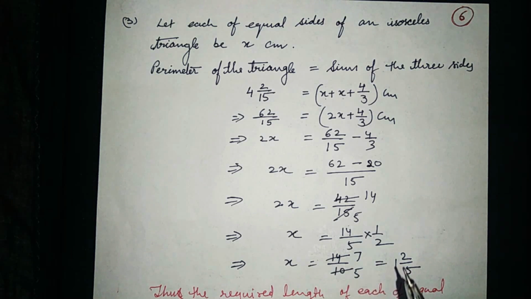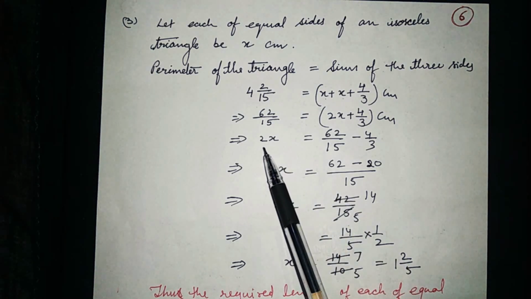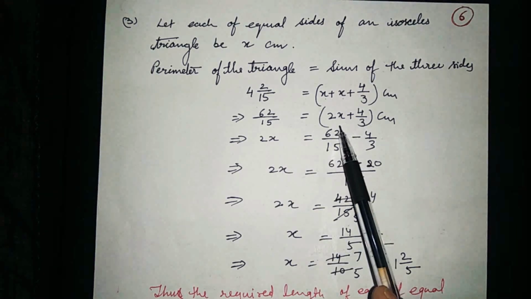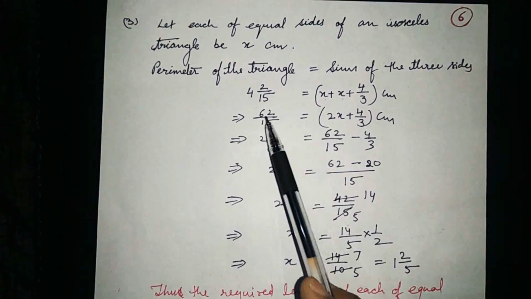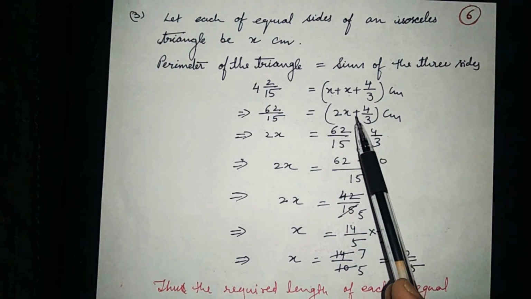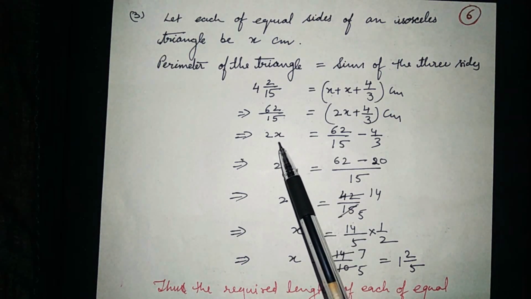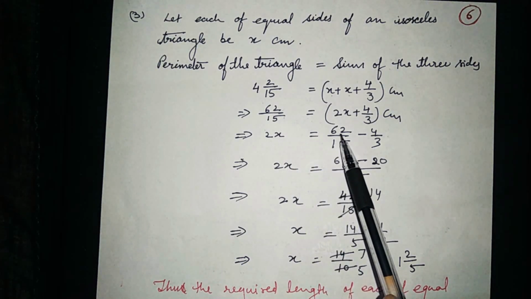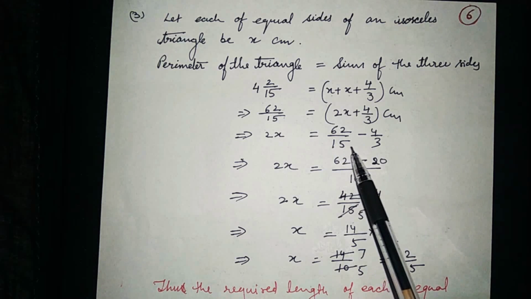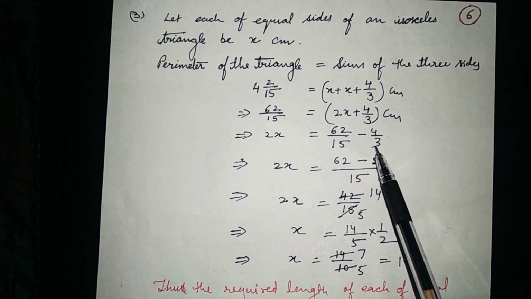Now let us see how we will solve. 2x we will write like this, and 62 upon 15. Here 4 by 3 we will transpose to the other side. So the equation will be 2x is equal to 62 upon 15 minus 4 upon 3.